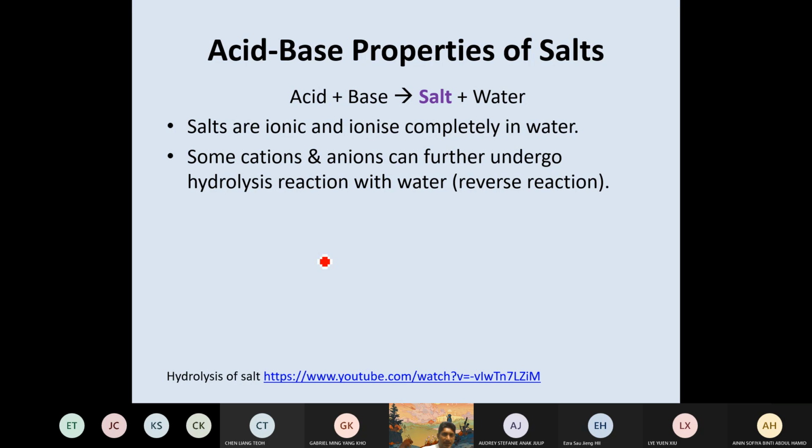So when acid and base react together, salt and water will be produced, right? Some salts are ionic and ionize completely in water.